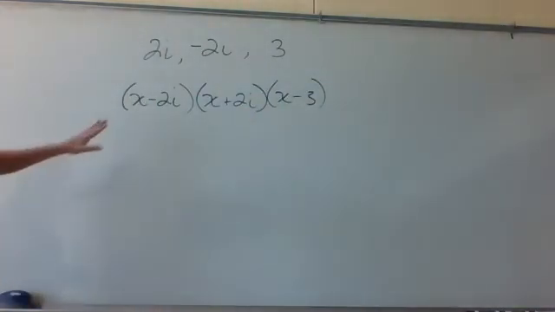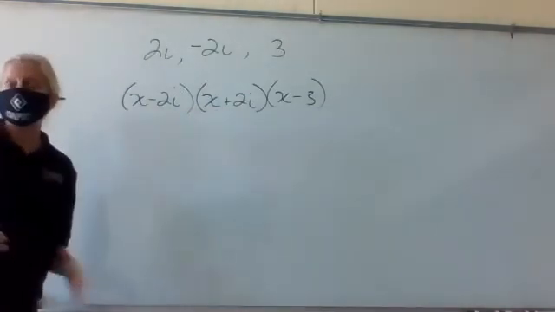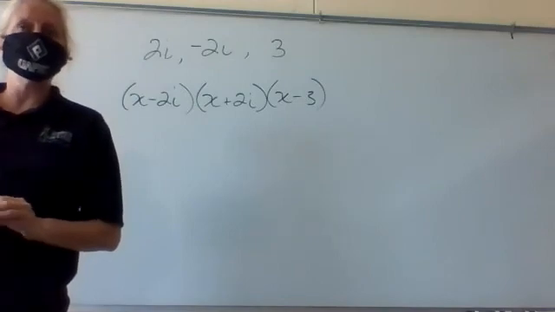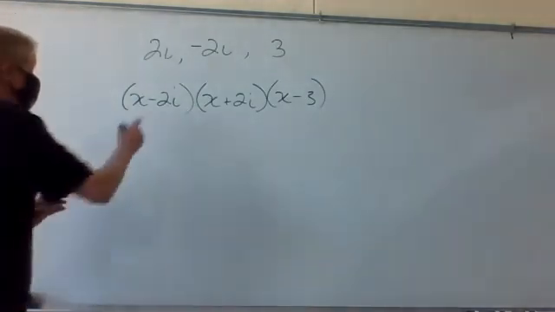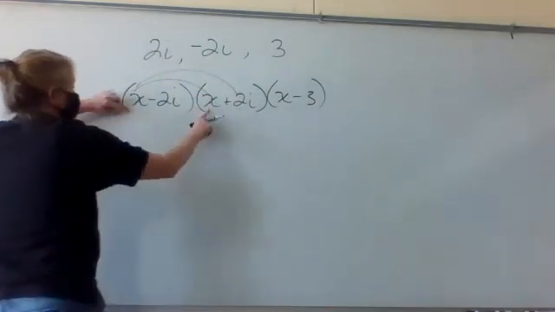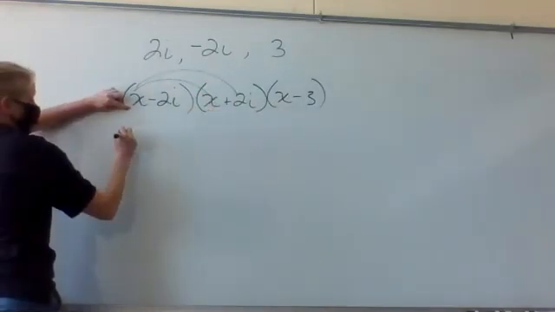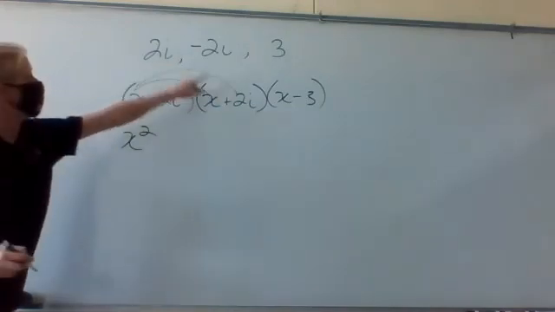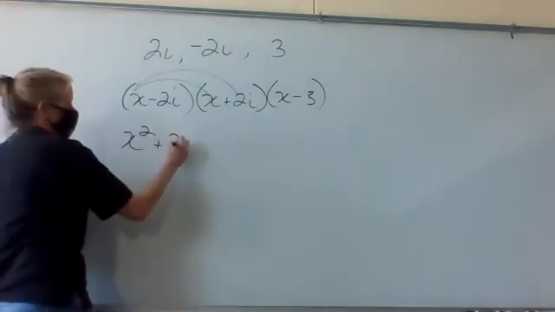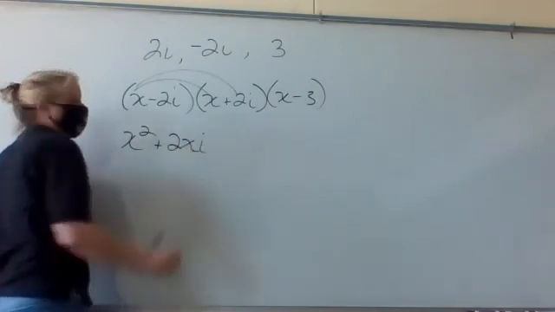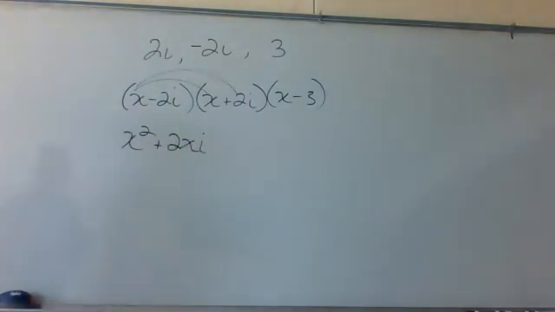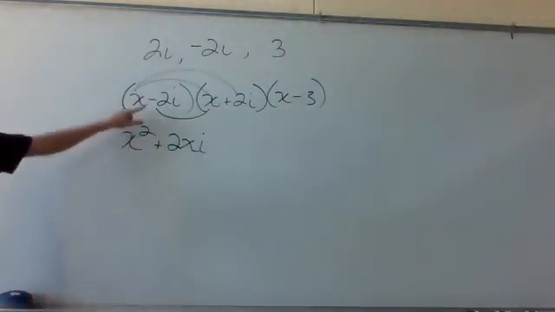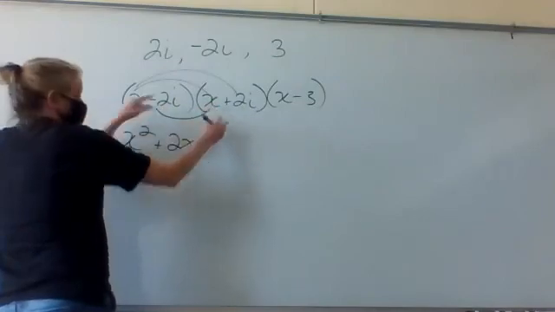Now remember, anytime your factors are conjugates of each other, you want to do those first because they clean each other up. So let's do these two first. x times x, x squared. My outer, x times positive 2i is positive 2xi. Here's why they clean each other up. What's the inner? Negative 2xi.